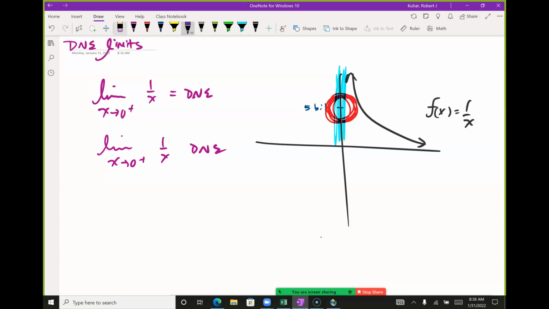Let me draw a better version of the function, where it gets really close to the axis. So you can see inside of that blue, there's some function above the dartboard. Which means if I shrink it down even more, it doesn't even hit the dartboard at all. So our first case of DNE is an unbounded function. Unbounded functions.